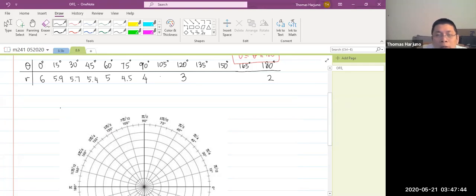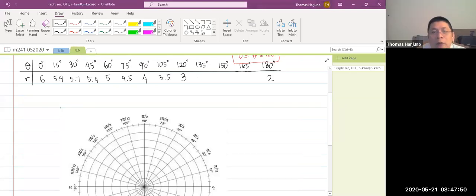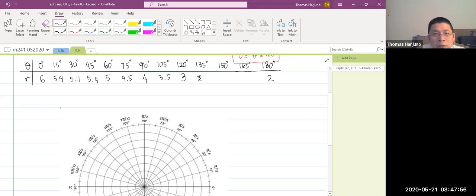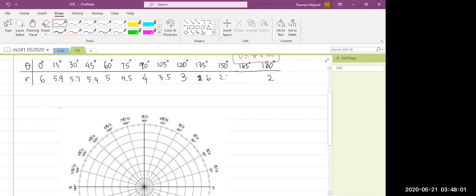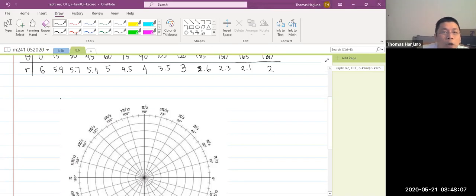At 105 degrees, it should be 3.5. Then 135 degrees, 2.6. Then 2.3, then 2.1. Okay. Now I just need to graph the top part, right?